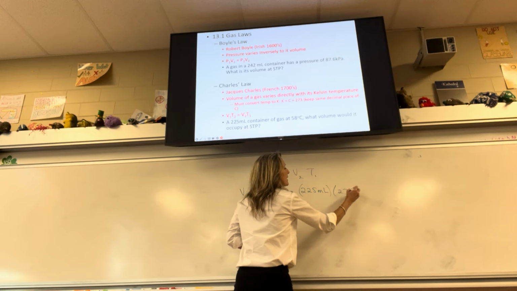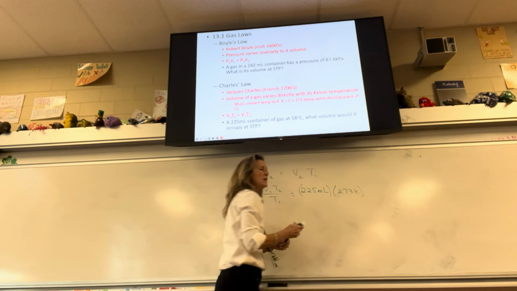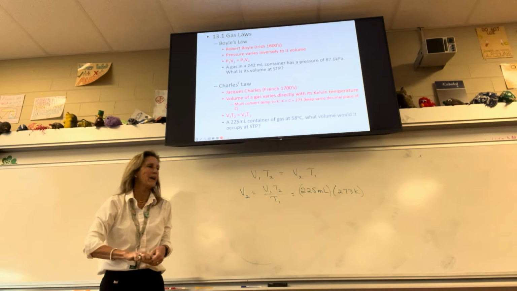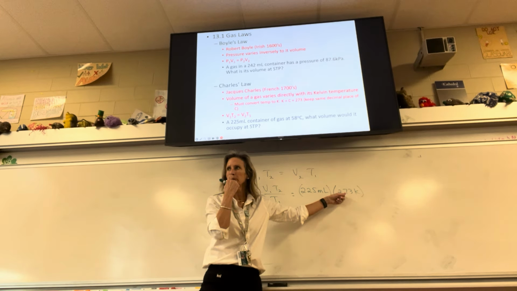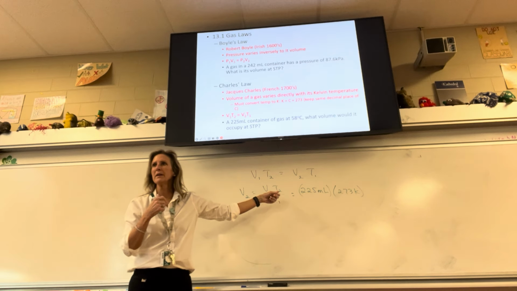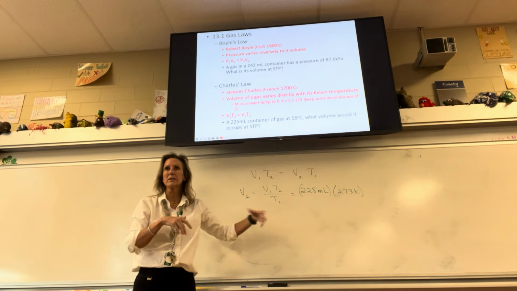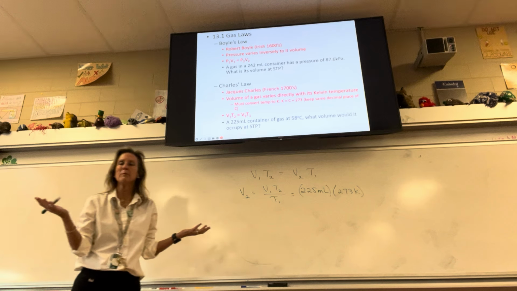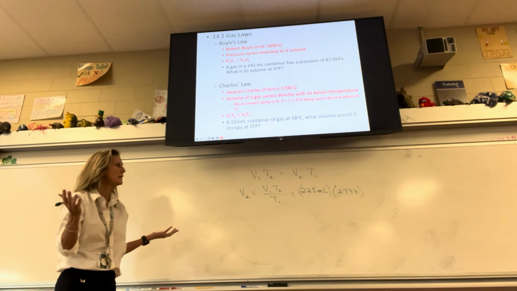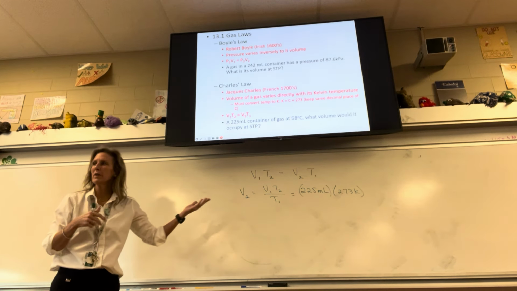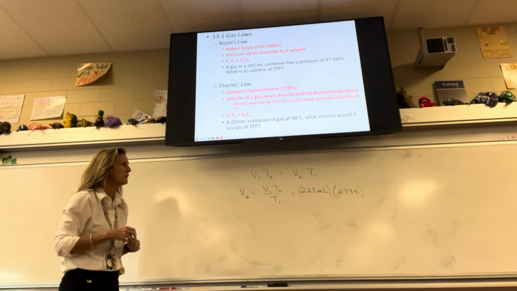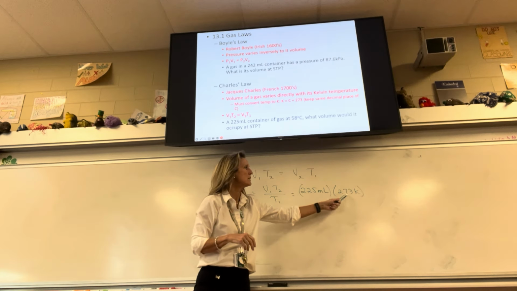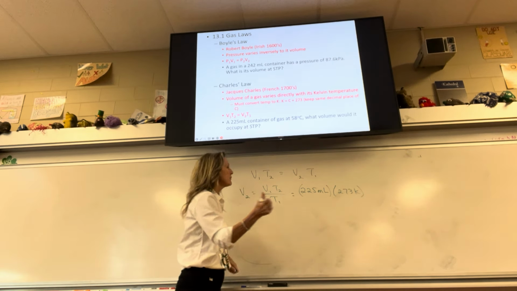Yeah, so we cannot use the 0. And why can't we plug in 0 here? What would that do to the problem? Yeah, if we multiply by 0 or divide by 0, we don't have any numbers anymore. Okay, so we always convert to Kelvin. So yeah, 0 degrees Celsius is 273 Kelvin.